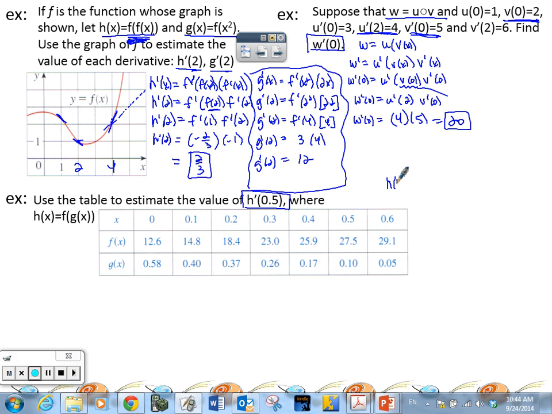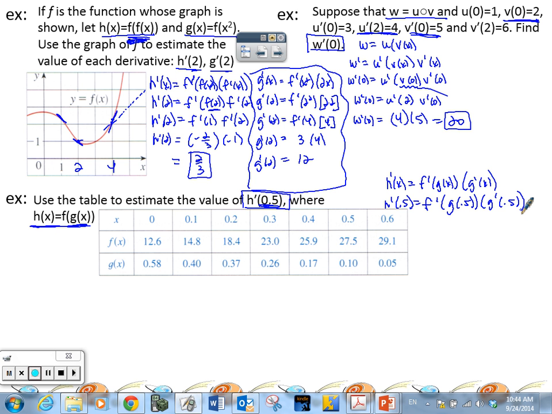So h prime of x, here's our definition right here of what h of x is, where, of course, it's an embedded function. We're going to do the chain rule. So that would be f prime of g of x times g prime of x. And we want it at 0.5, so h prime of 0.5 equals f prime of g of 0.5 times g prime of 0.5.